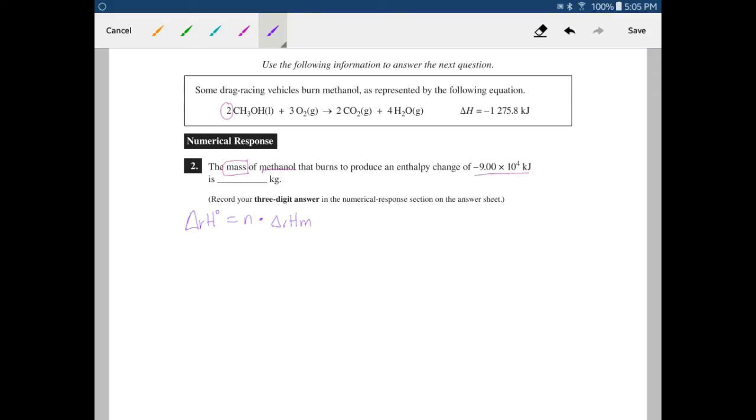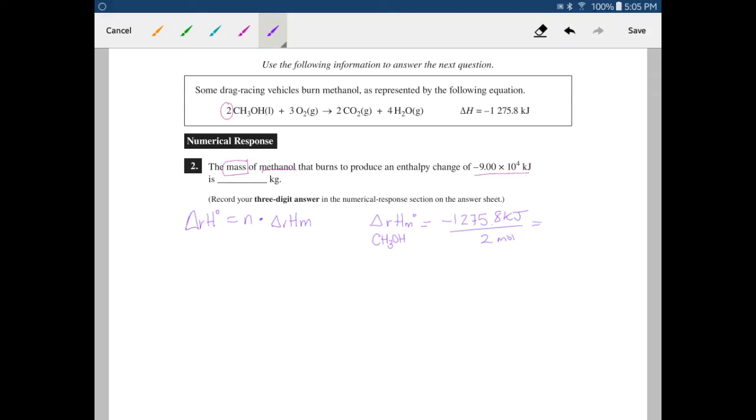Now, our first goal is to get our enthalpy of reaction for 1 mole of methanol. So our molar enthalpy of reaction for methanol is going to equal negative 1,275.8 kilojoules divided by 2 moles.